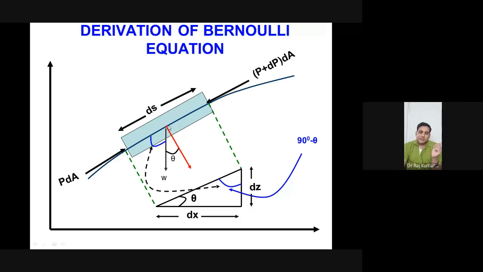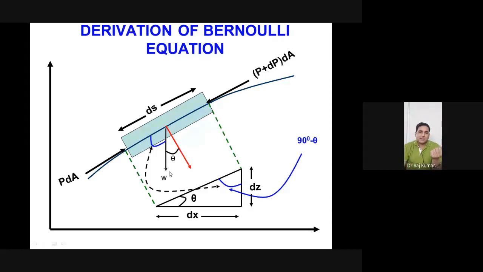Now this streamline which you have taken, of length ds and area dA, would have its weight also, which is W here, which will act at the center only. So W is the weight of this particular stream tube, or the line action.